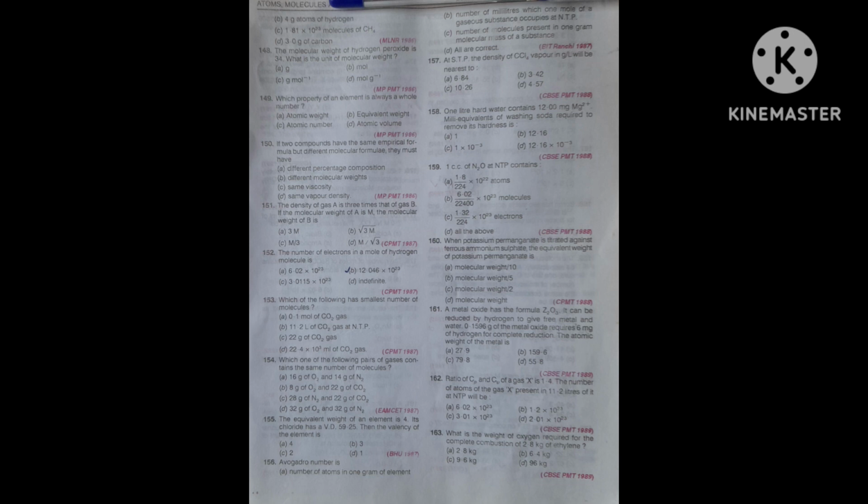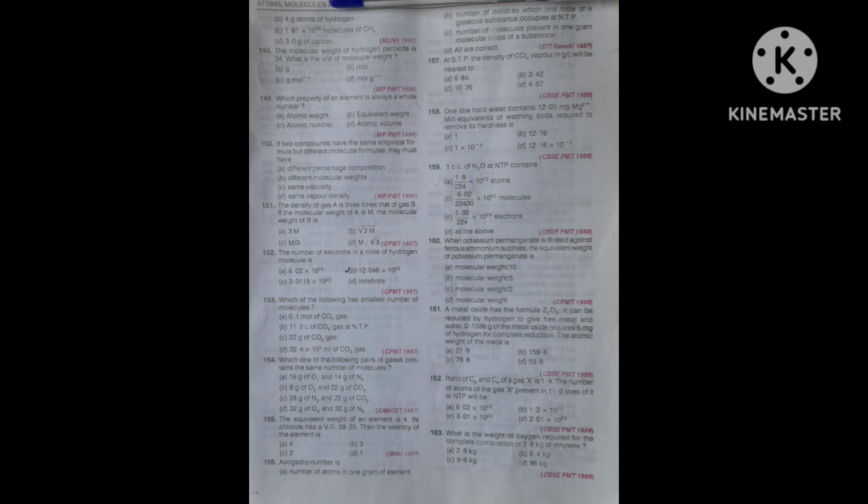You have to read the question carefully. At STP, the density of CCl4 vapor in gram per liter will be nearest to, means you have to calculate the vapor density of CCl4. Now how will you do it?